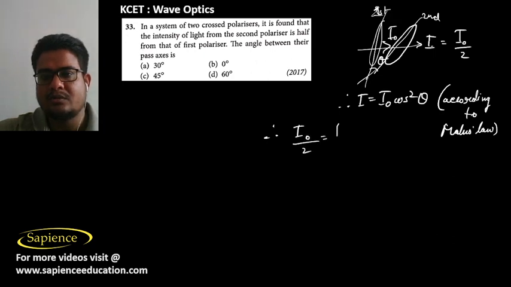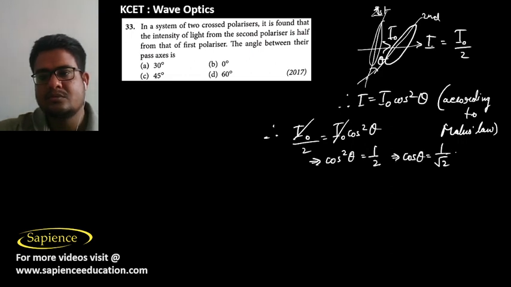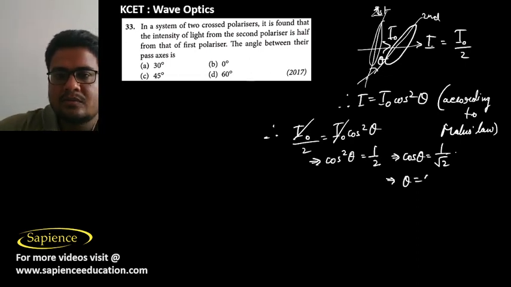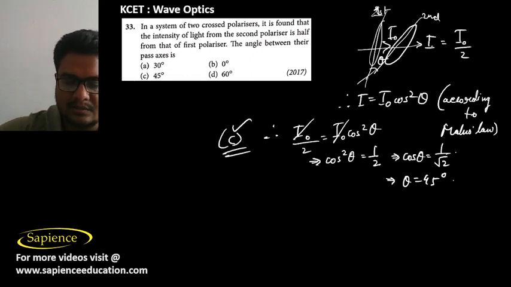So I naught by 2 will be equal to I naught cos square theta. I naught and I naught will cancel. So cos square theta is equal to half. So cos theta will be equal to 1 by root 2. So theta will be equal to 45 degrees. Option C is the correct answer.